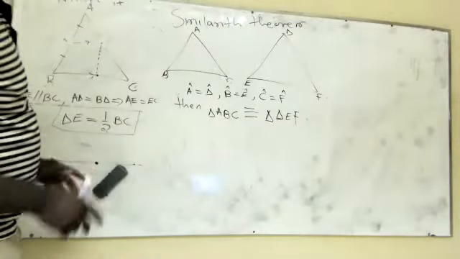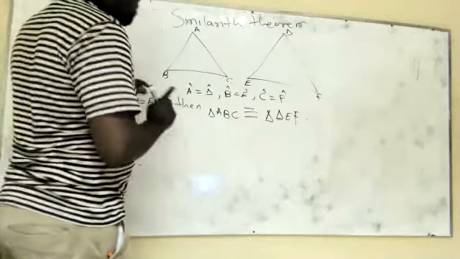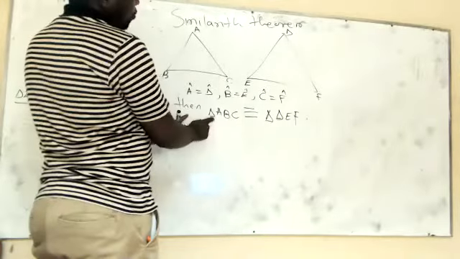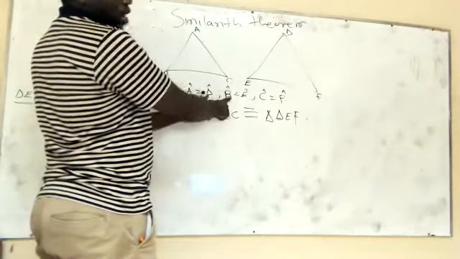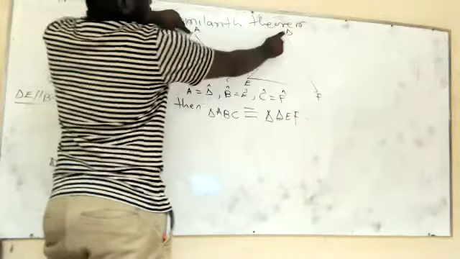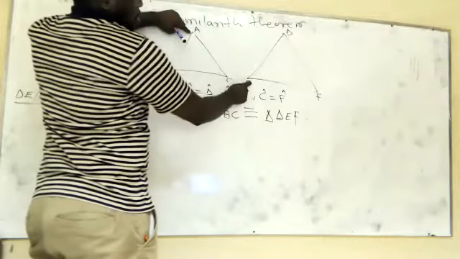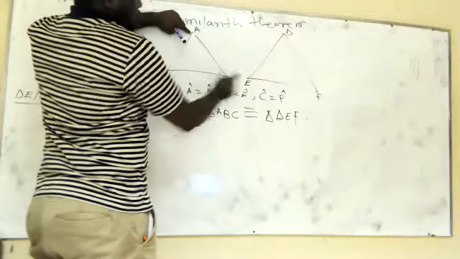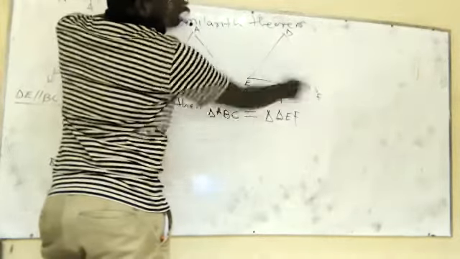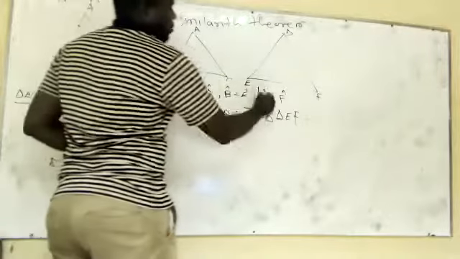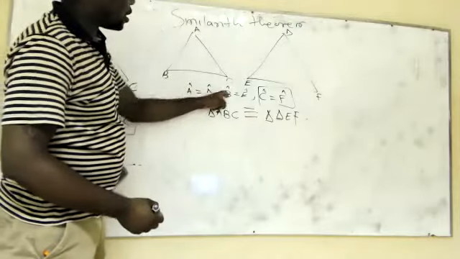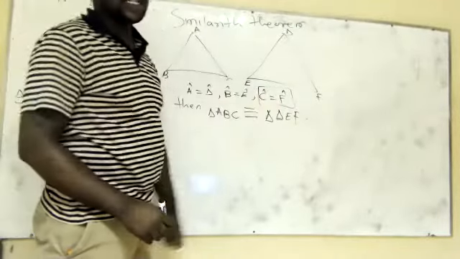Okay. All right. Let me also emphasize something very important: in most cases, to prove similarity, you only need two angles. So you can prove that angle A is equal to angle D and angle B is equal to angle E. If you prove the two, then the last one is a given.